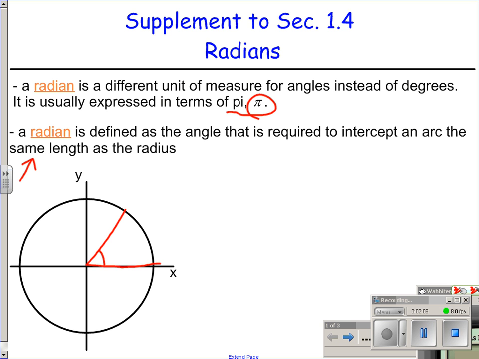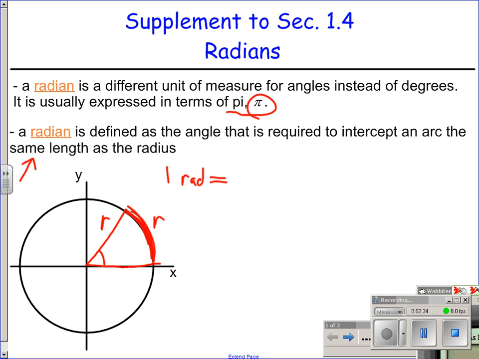On the interior of that angle is this arc. It has a certain length. It's not a straight line, but it has a length. The definition of 1 radian is when the length of this arc is the same as the radius of the circle.